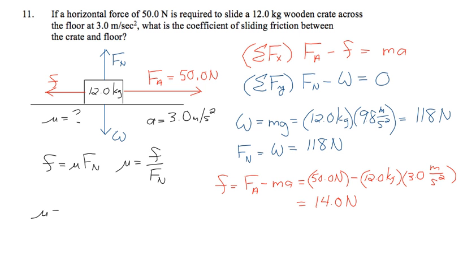So mu is going to be 14 newtons divided by 118 newtons. And 14 divided by 118, I hope, is 0.119. Since that's the answer I gave you, 0.119. That's the answer for the coefficient of friction. So, it looks very similar to the last one. It's just that things were solved in a little bit of a different order.